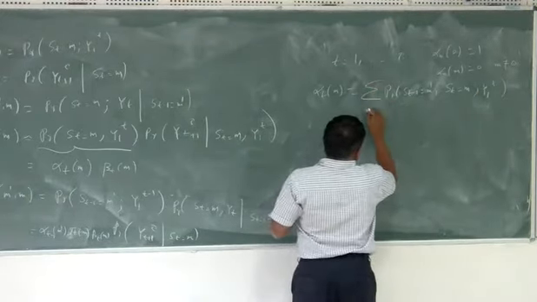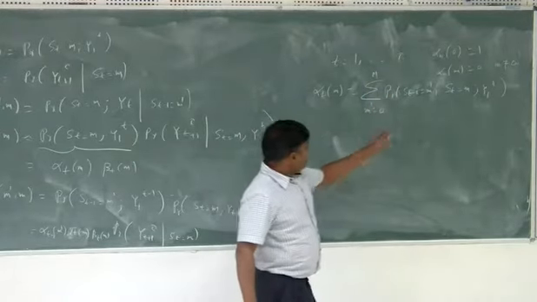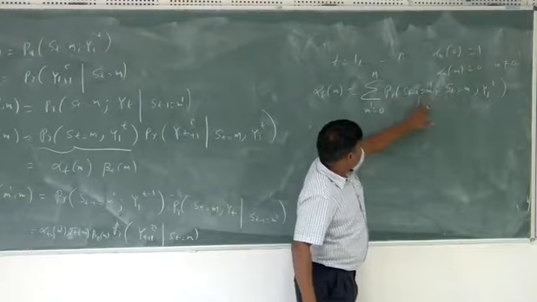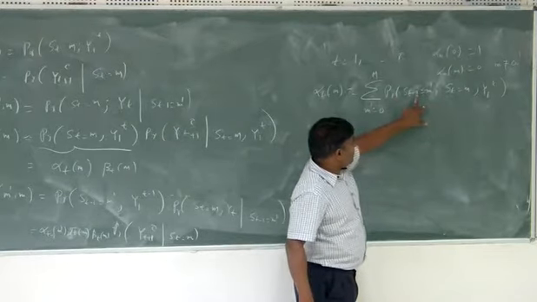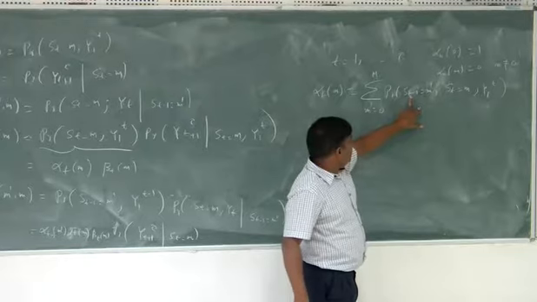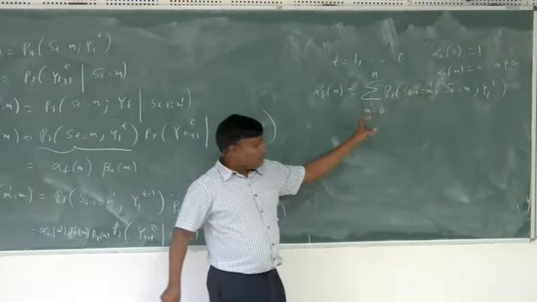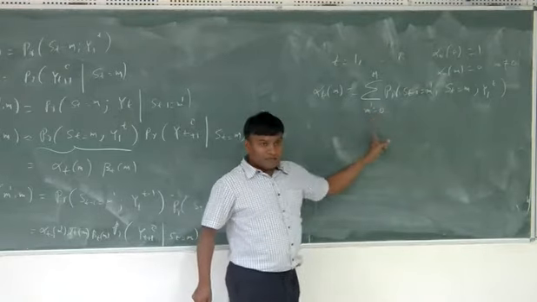Is that okay? We have taken this probability and taken the joint probability with an extra variable added, st minus 1 equal to m prime, and we sum up over all feasible m prime. Is it okay?